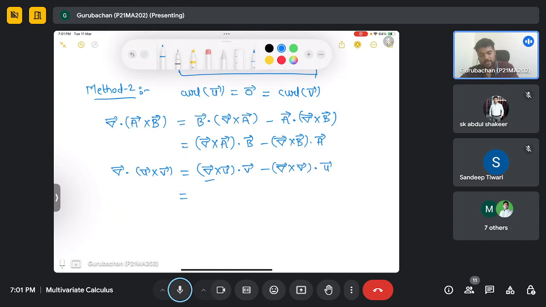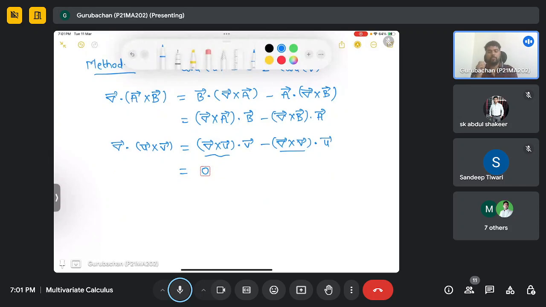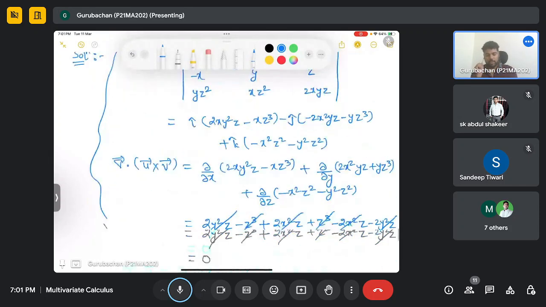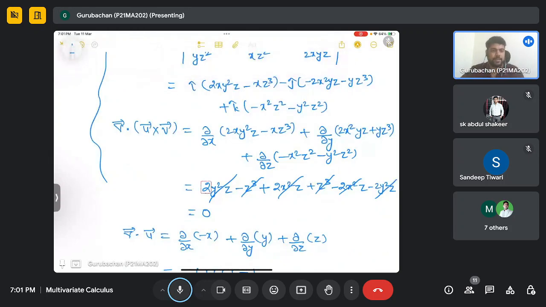And we know that this is 0, and the dot product of the 0 vector with any other vector will be 0. So this quantity will be 0. So we have reduced a lot of calculation. I just let you know this because sometimes we don't remember the exact vector identity, so we can also calculate like this.